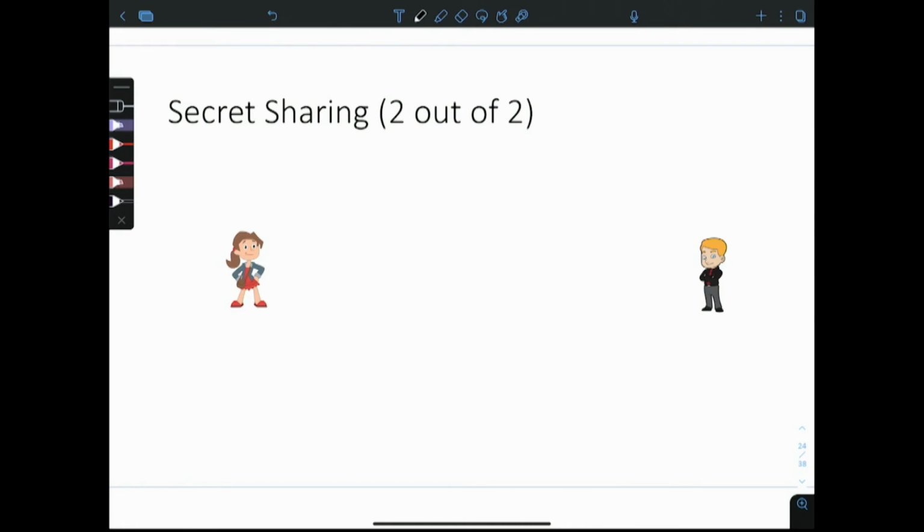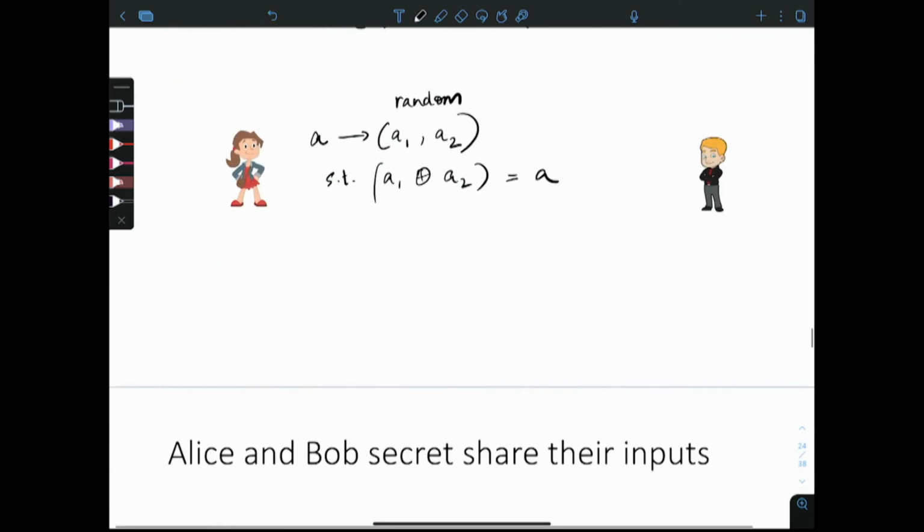It's one of the most basic concepts in cryptography: the idea of sharing a secret A into two parts, A1, A2, such that the two together reveal complete information about the secret A, but individually look completely random and independent of the secret A. So such that A1 XORed A2 gives A. The way this is typically done is by computing random shares: given a secret bit A, you sample random A1 and A2 such that they XOR to A. We're just going to use this.